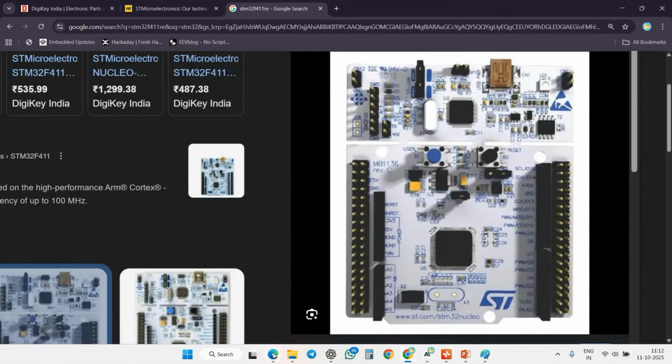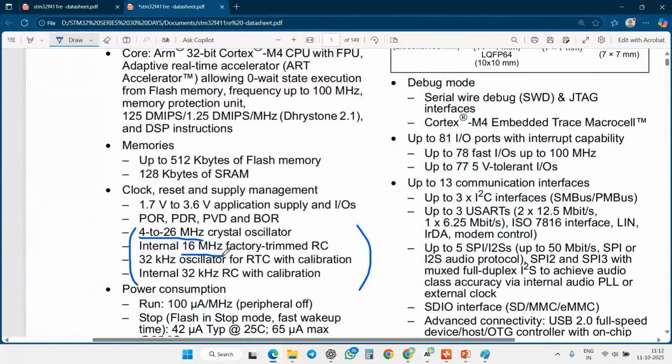It can provide up to 16 megahertz. We call it the factory trimmed RC. For internal purposes, like processor work and other things, we are going to use it. And we have a 32 kilohertz oscillator.